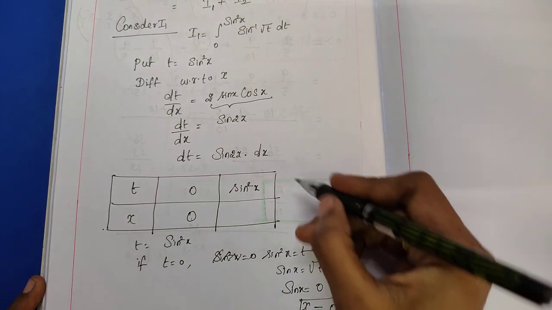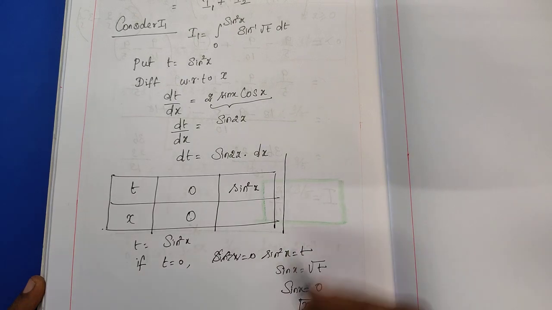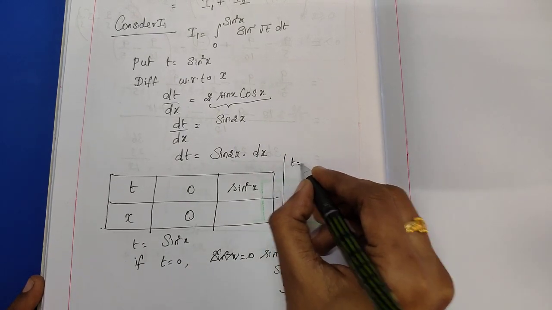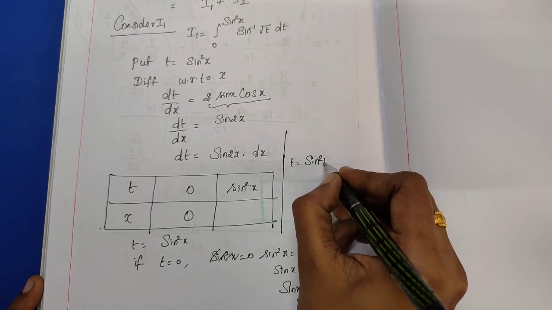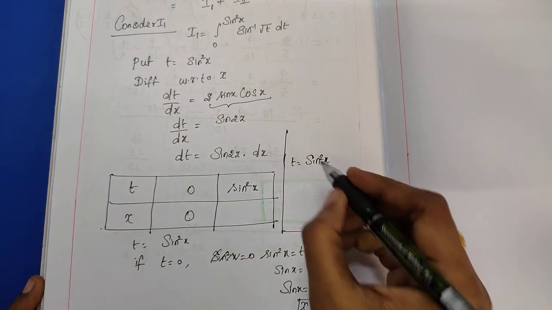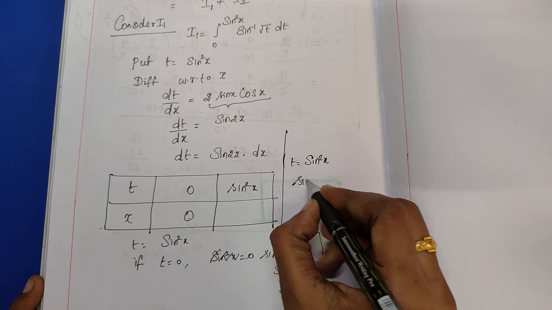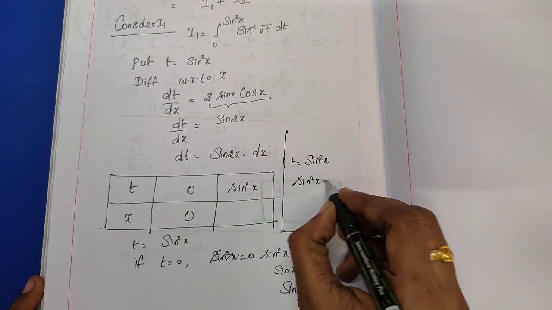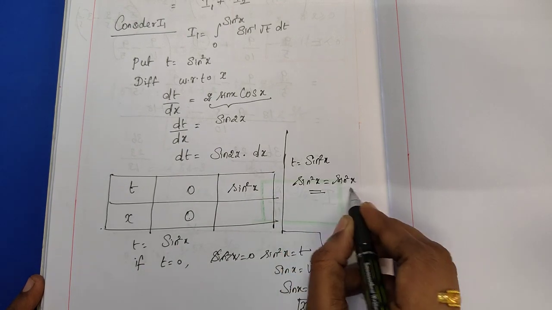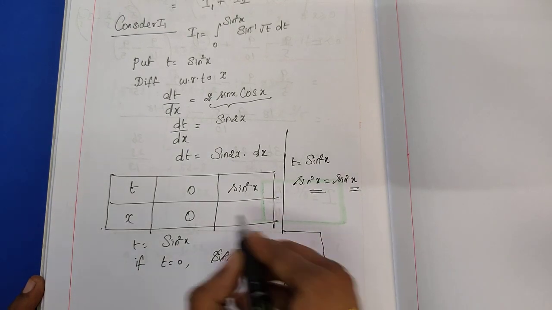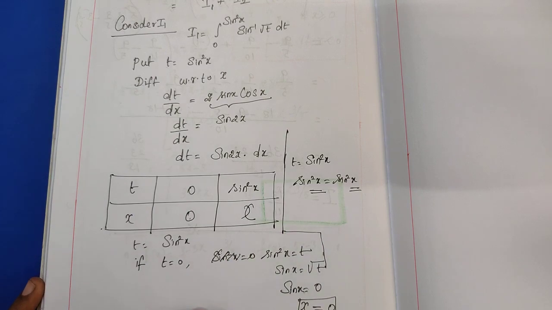Now t takes sin square x, so sin square x is equal to sin square x. So x is equal to x. Therefore x takes x.